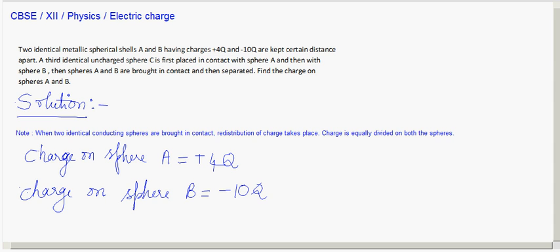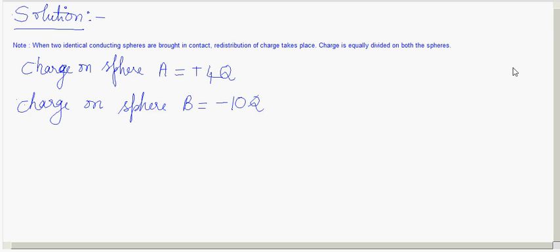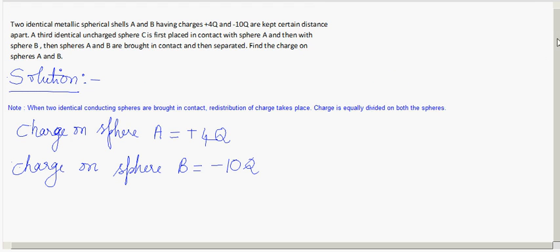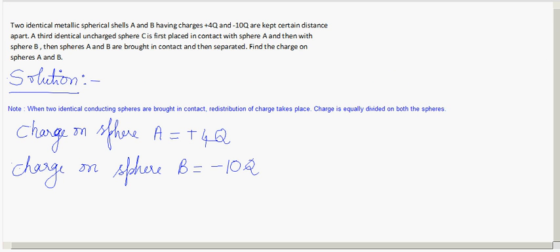Now we are bringing a third identical uncharged sphere C, first placed in contact with sphere A. Now C is uncharged and it is brought in contact with A. What will happen? Redistribution of charge will take place.